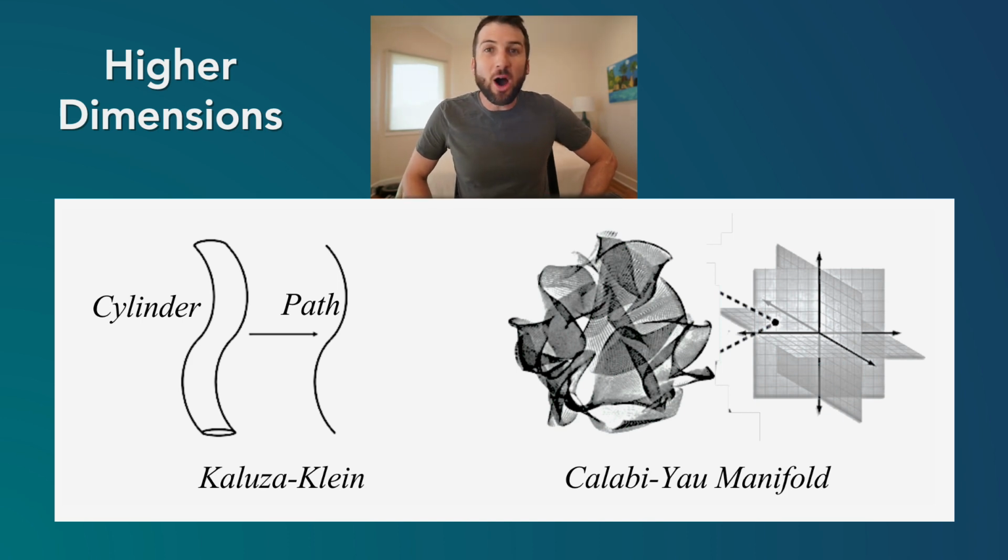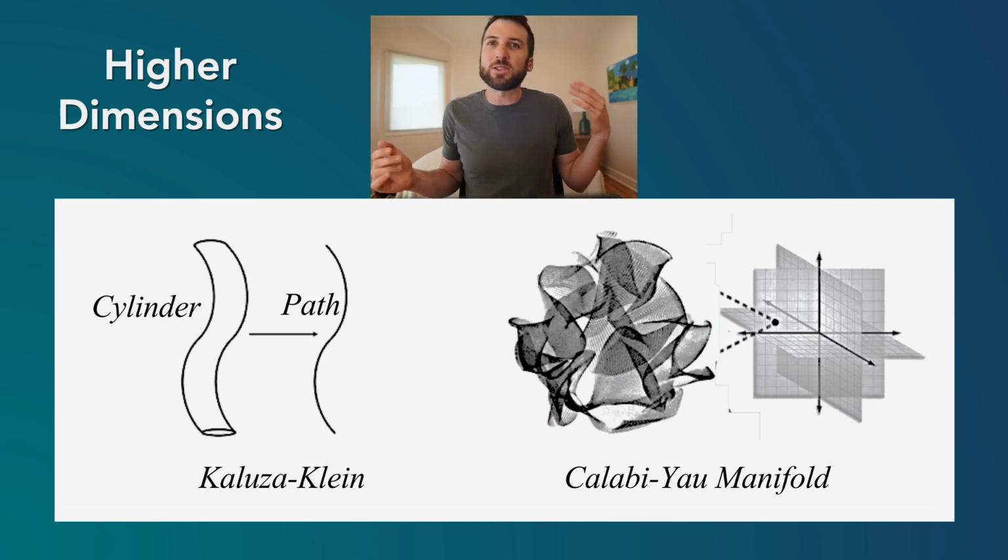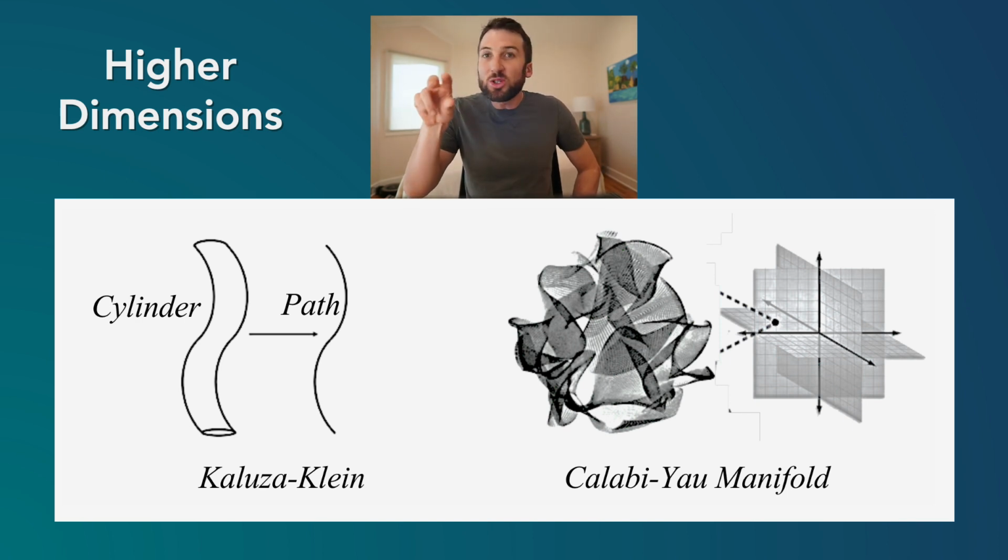So the Calabi-Yau manifold is another, more commonly used manifold when it comes to string theory. String theory is basically an attempt to unify gravity with the other forces, the electromagnetic force and the strong and weak nuclear forces. And this has a similar idea. Perhaps, at the macro scale, we see 3 dimensions, but when we zoom in, there may be some hidden dimensions that are folded up.